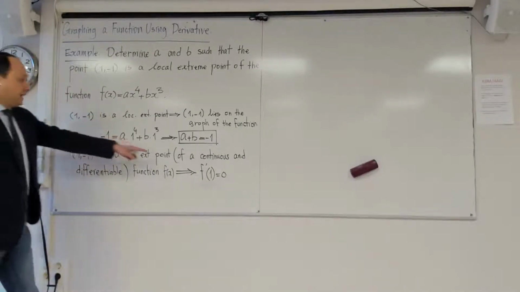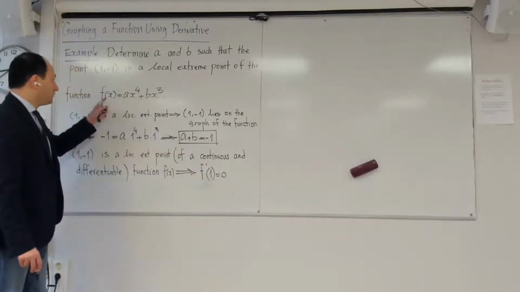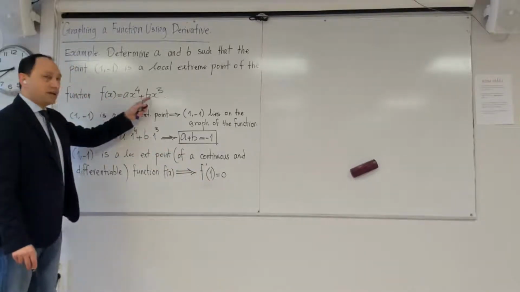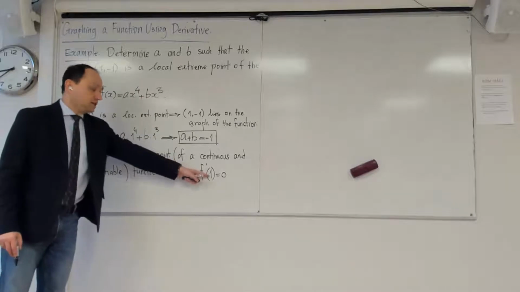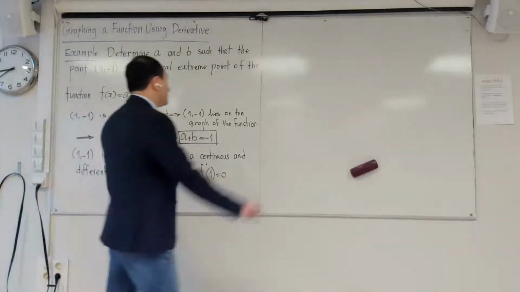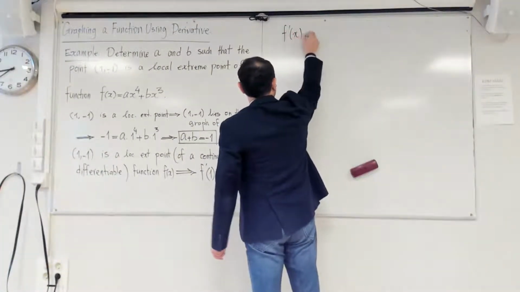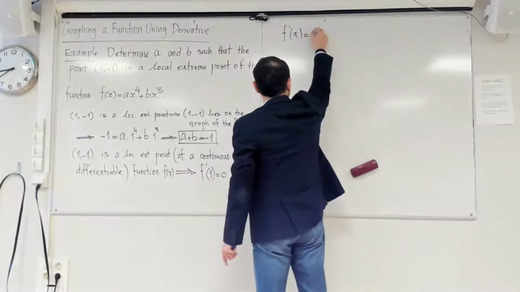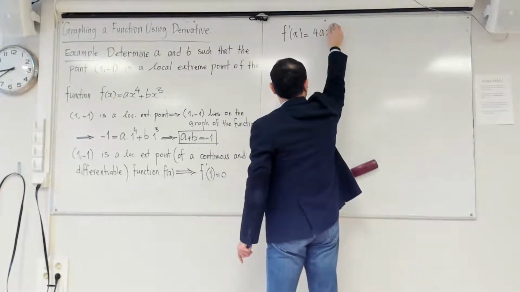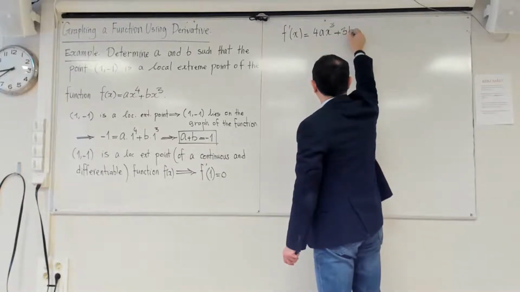So then I have to calculate f prime of 1, but we know what to do. We are supposed to differentiate the function, replace the x value with the x value here, and then equate it to 0. So let me just calculate f prime of x first. This is a very elementary calculation. 4 goes down, and then I will have 4ax to the 3, and then plus 3bx squared.